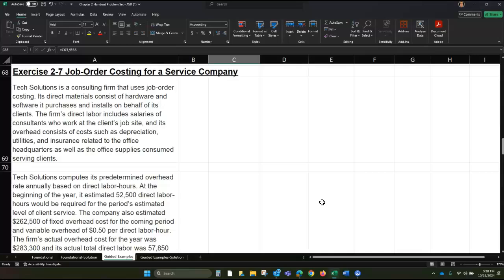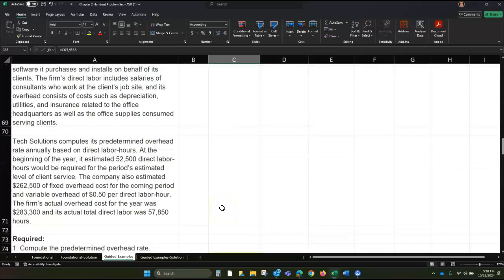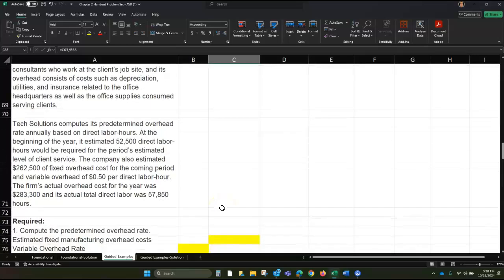All right, so Tech Solutions computes its predetermined overhead rate annually based on direct labor hours. At the beginning of the year, it estimated 52,500 direct labor hours would be required for the period's estimated level of client service. So yet again, think about what you've got going on there. You've got salespeople out there making sales. You then bring that sale information into the business.